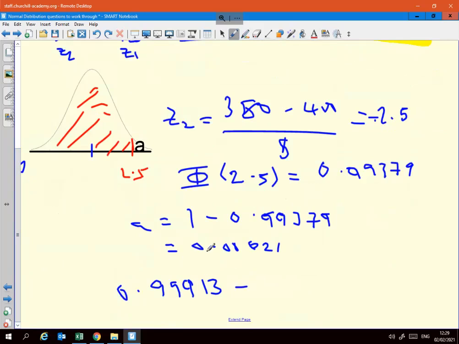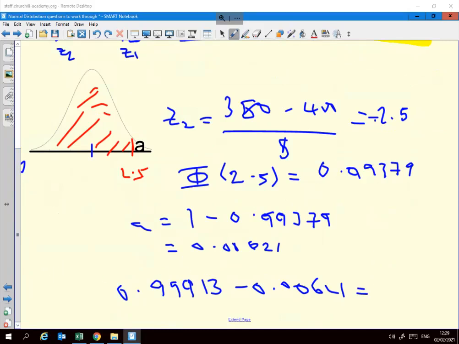Take off the bit labelled A, which is 0.00621. I think it might be worth using a calculator for that.